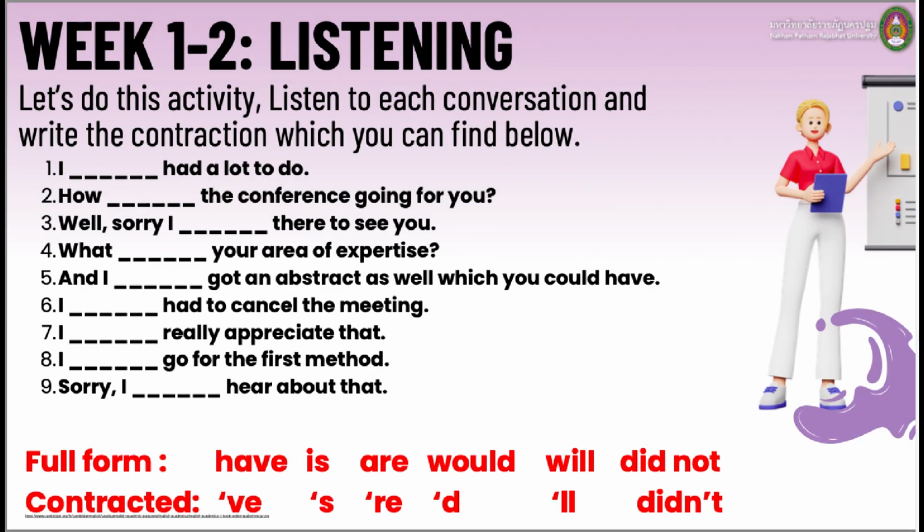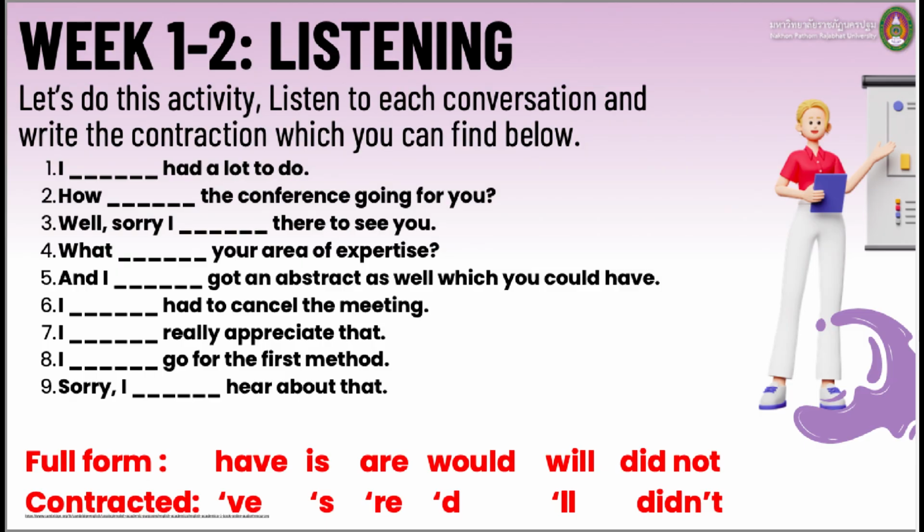Track 28. 1. I've had a lot to do. 2. How's the conference going for you? 3. Well, sorry I wasn't there to see you. 4. What's your area of expertise? 5.